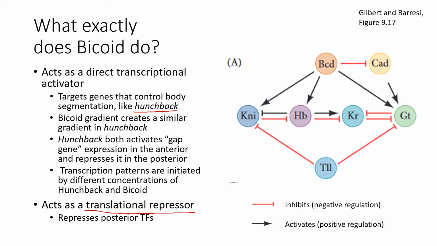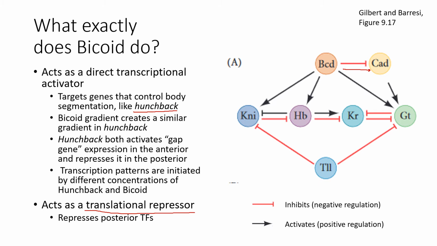In this diagram, one of these is caudal. You can see that labeled as CAD, bicoid being BCD. Bicoid, this red blunt arrow means it directly inhibits the translation of caudal.